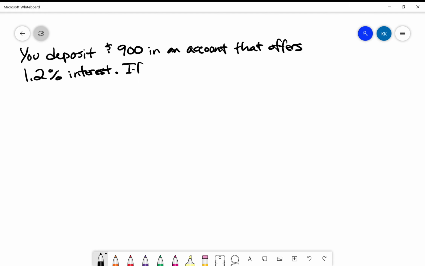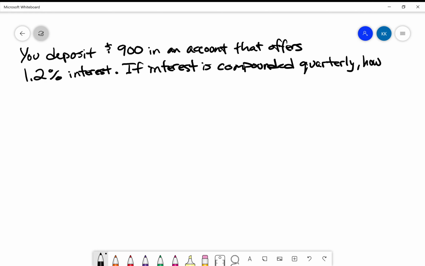If interest is compounded, let's say quarterly, how much money will be in the account after, let's say, 20 years.